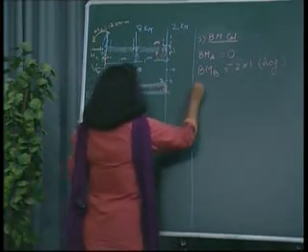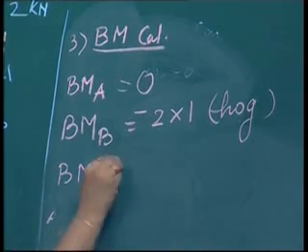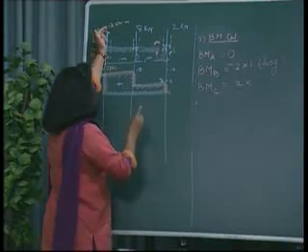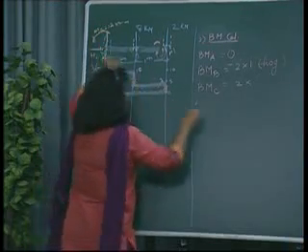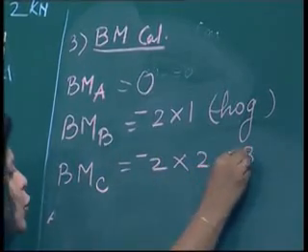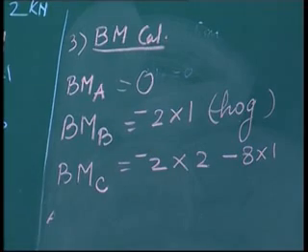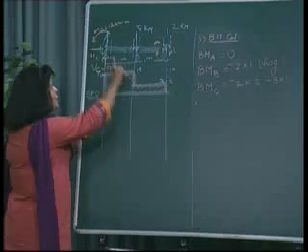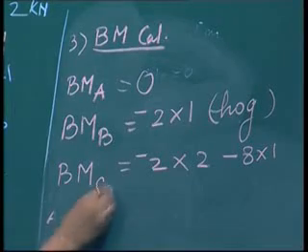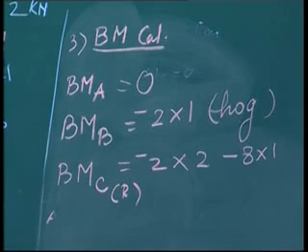Then third is bending moment at point C. So, at point C it will be 2 into what is the perpendicular distance up to point C? 1 plus 1, that is 2, negative, then 8 into 1 negative. And one thing I forgot to mention, that at point C, as it is a couple, we have to consider just right and just left of the section.